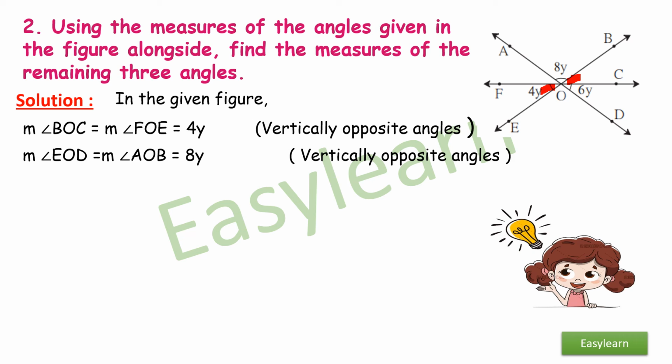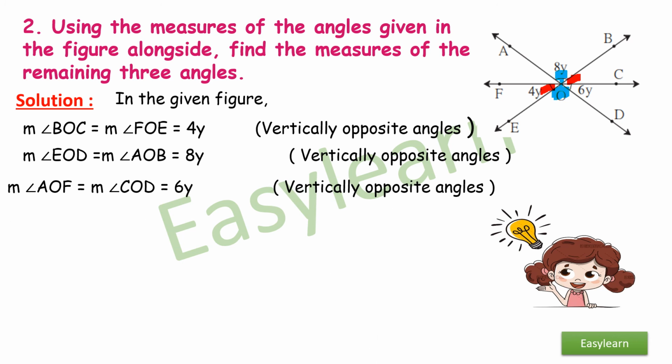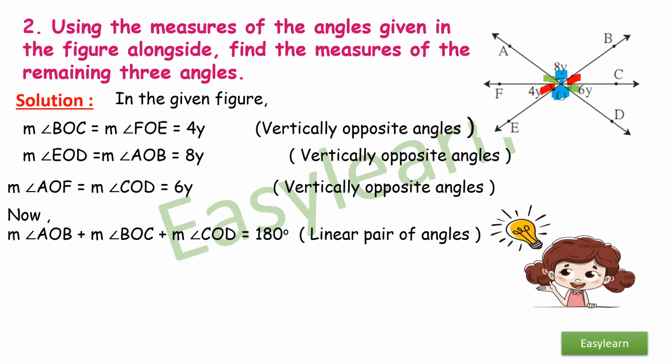Also, measure angle EOD and measure angle AOB, that is this angle, are vertically opposite angles, so it is 8y. Measure angle AOF is this angle and COD is this angle. Even they are vertically opposite angles.